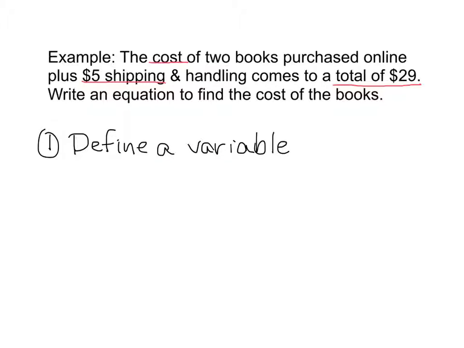What that means is I want you to pick out a letter that represents something in the problem that's going to help you remember what we're trying to solve for. So what is it you tell me we don't know? The cost of each book. So B. You want to let it be B? So we're going to say B equals what?